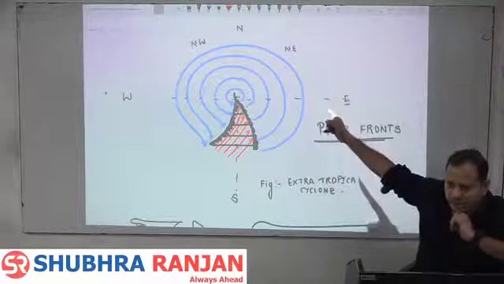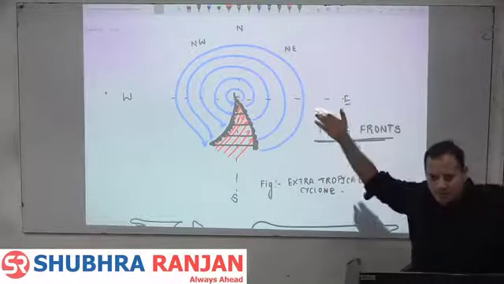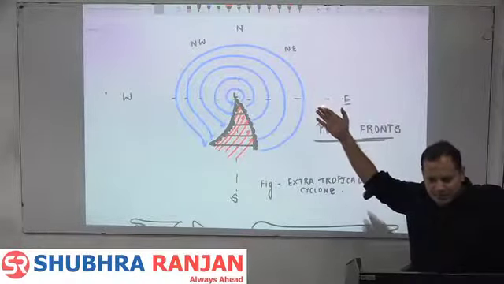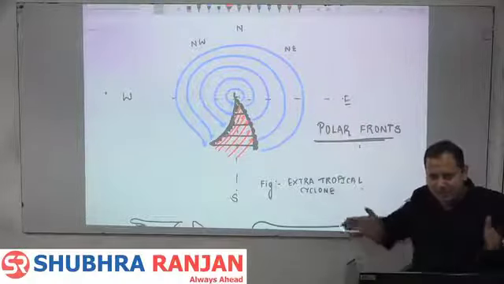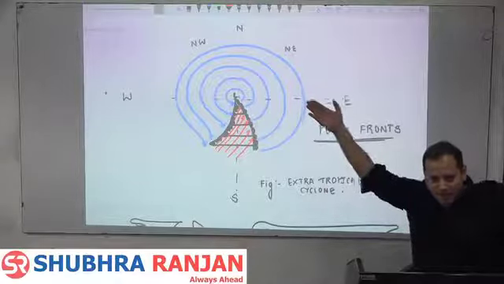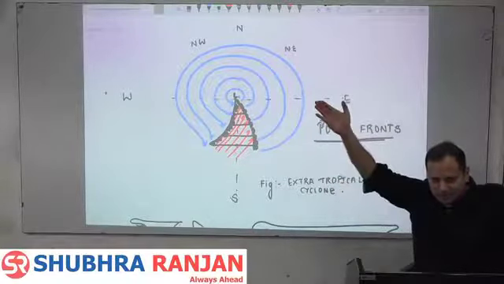Is it wrong or right? They are more wider in the north. Understanding? Warm air is being trapped. Cold air is not trapped. So they are becoming wider in the north.